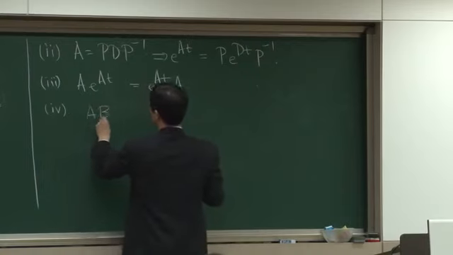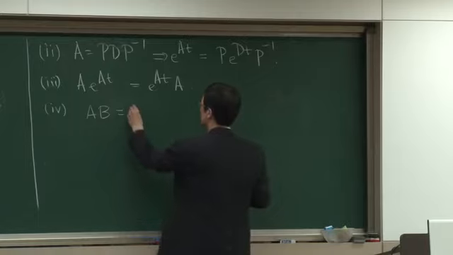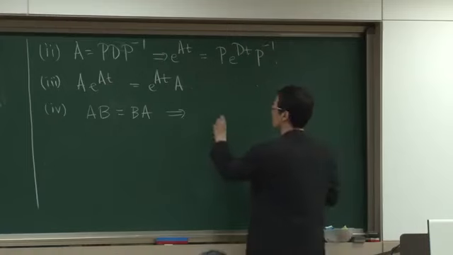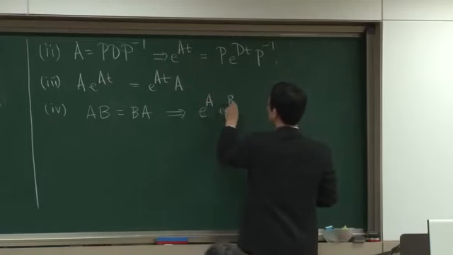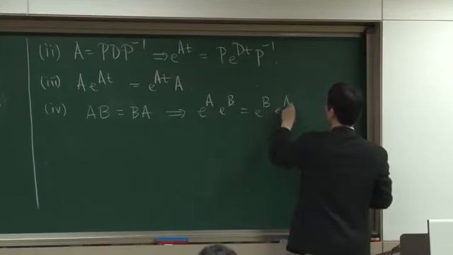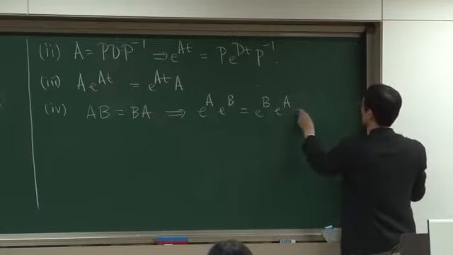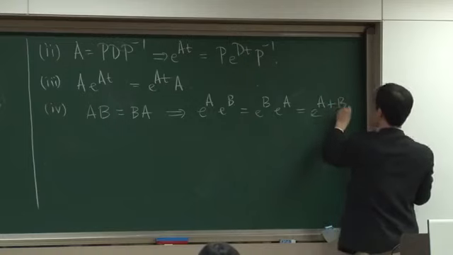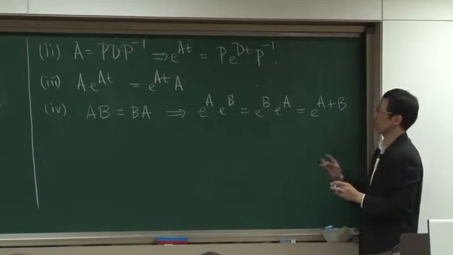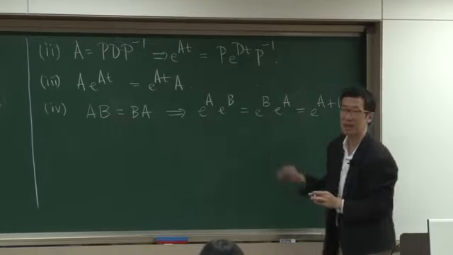Given two square matrices A and B, if A times B is equal to B times A, then it turns out that e to the A times e to the B is also the same as e to the B times e to the A. In fact, order doesn't matter, so we can just write this as e to the A plus B. So a more general version of number 3 is number 4; 3 is just a special case of 4.